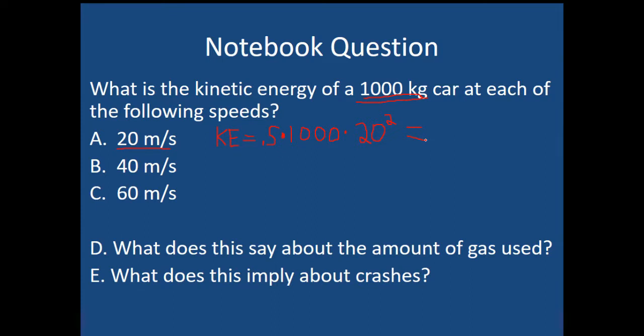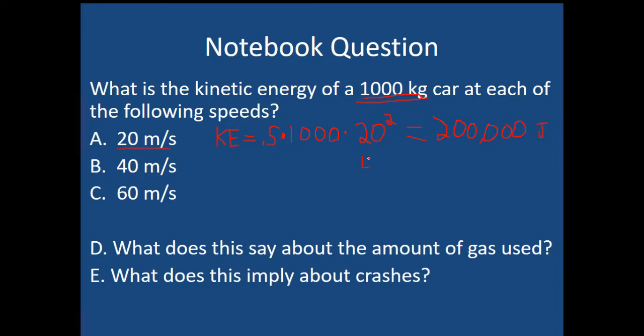So if we take 400 times 1,000 times 0.5, you end up with a kinetic energy of 200,000. So the kinetic energy of our car moving at 20 meters per second is 200,000 joules. Now, if we were to do it at B, 40 meters per second, we would follow the same process.